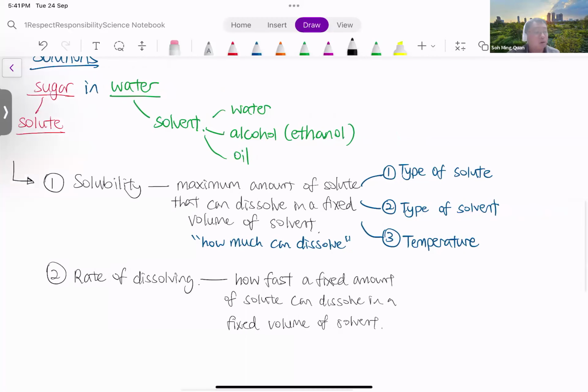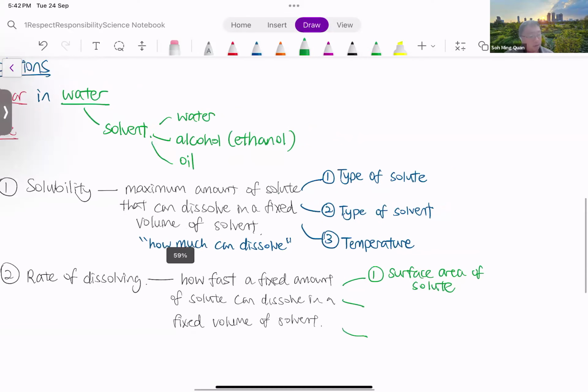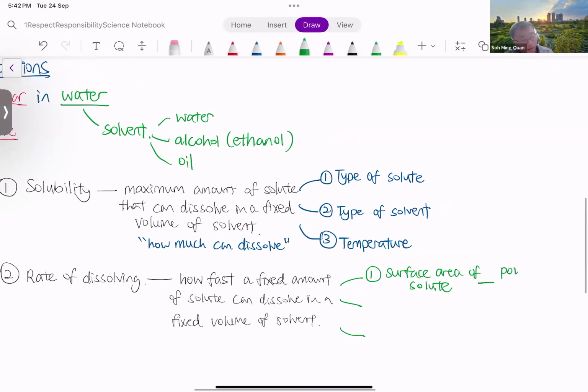Now this is also affected by three factors, but the three factors are not the same. Okay, so the first factor that affects rate of dissolving is the surface area of the solute. Under this point, you need to know if it's powdered or fine crystals, it's faster.